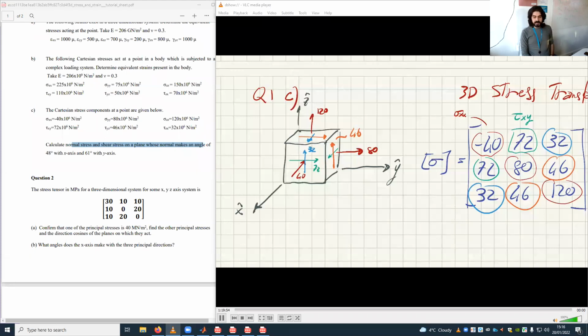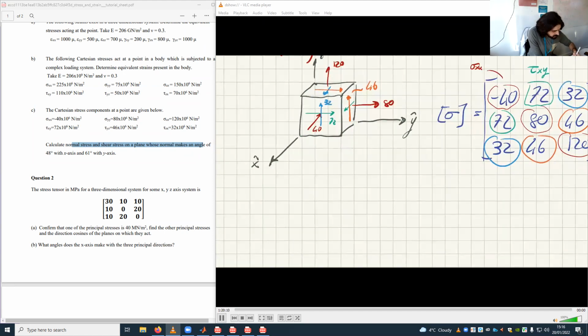Good. Now, the other thing I'm asking here is to calculate the normal stress and the shear stress on a plane whose normal makes an angle of 48 degrees with the x-axis and 61 degrees with the y-axis. Now, remember what that normal is.